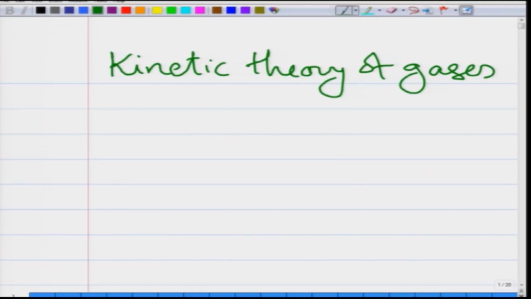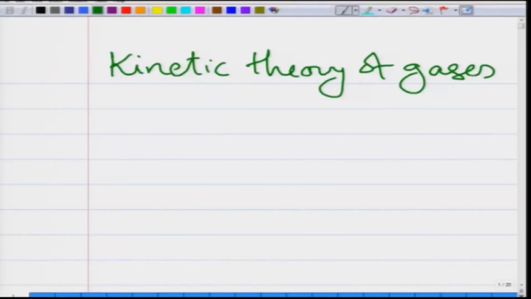Now, this theory describes the properties of the gas quite well to a large extent for ideal gases. By recalling some of the properties of the gas by studying this kinetic theory, we will also see some of it coming up again in our condensed matter, solid state physics course, something similar to the kinetic theory of gases.